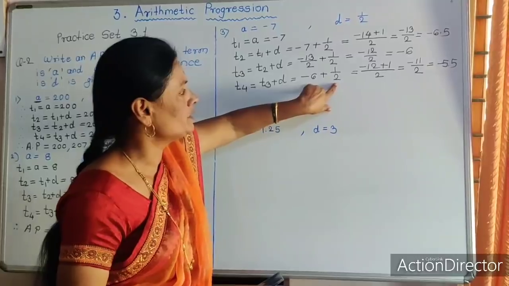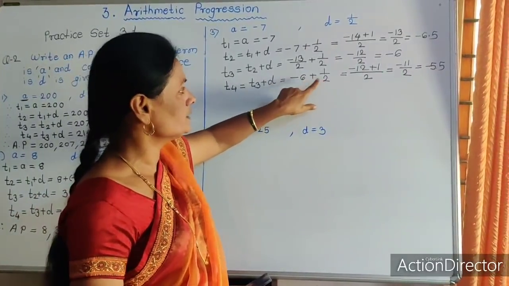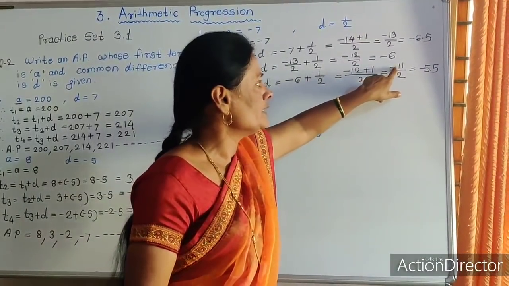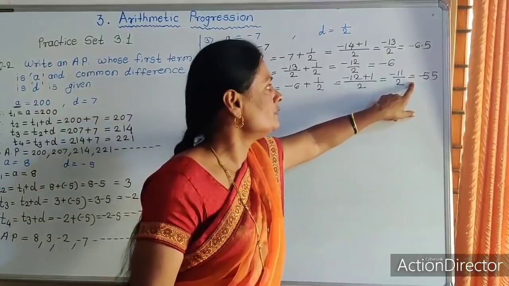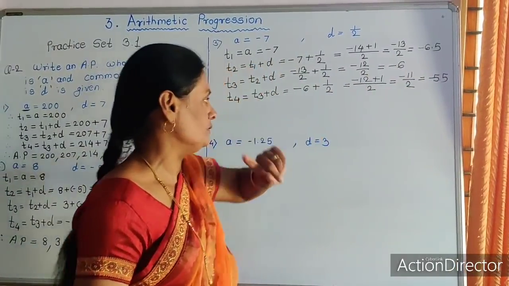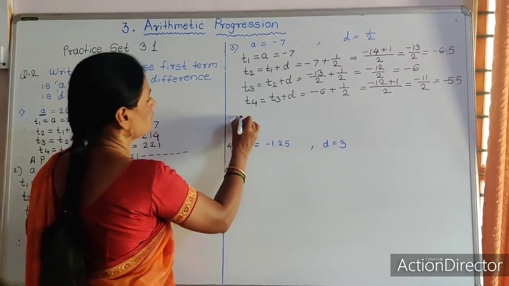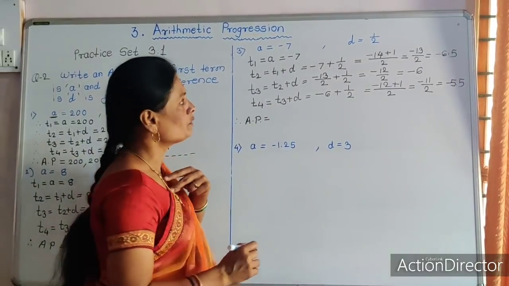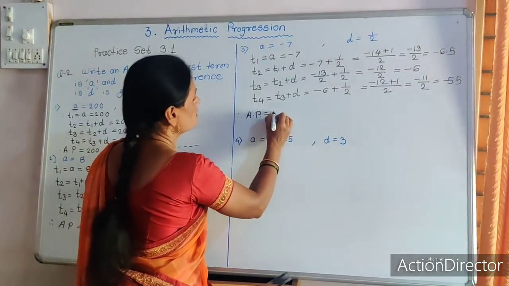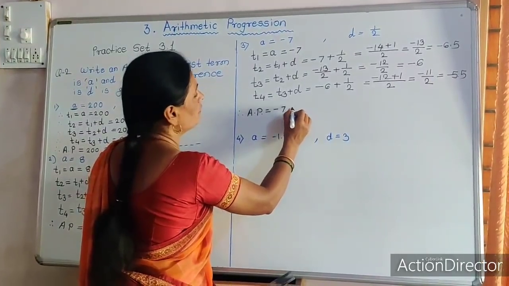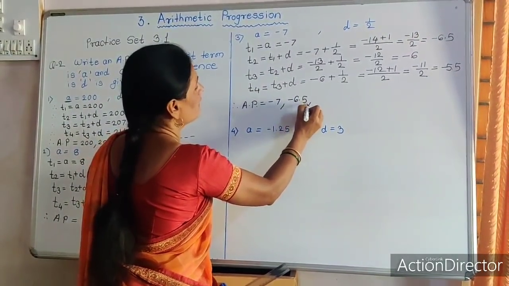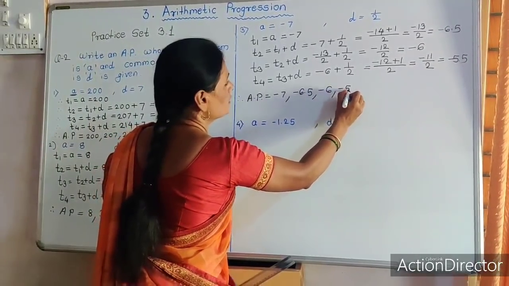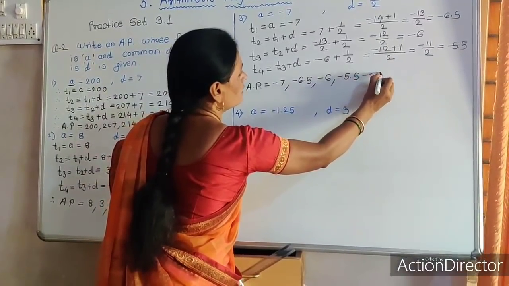Here also the denominator is not the same. 6 into 2 is minus 12 plus 1 upon 2 is equal to minus 11 upon 2 is equal to minus 5.5. Therefore, the AP, that is the arithmetic progression, is equal to T1 is minus 7, T2 minus 6.5, T3 minus 6 and T4 minus 5.5 and so on.